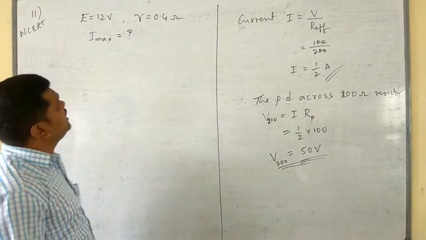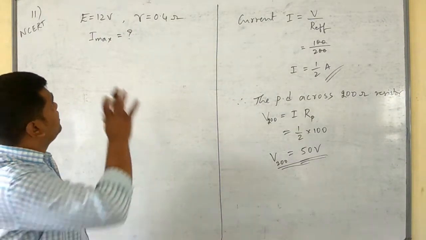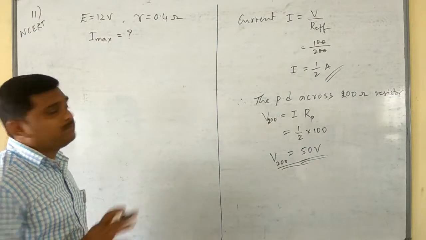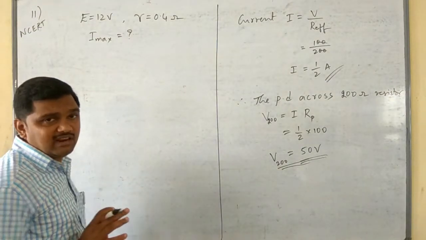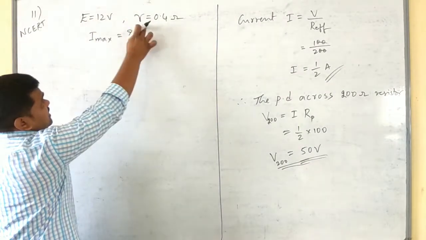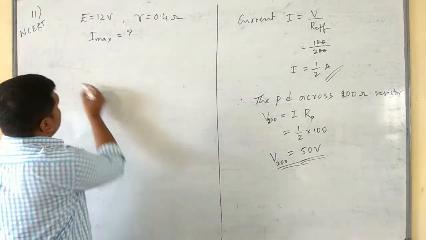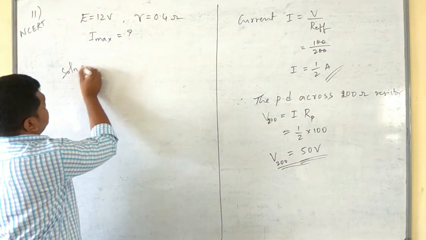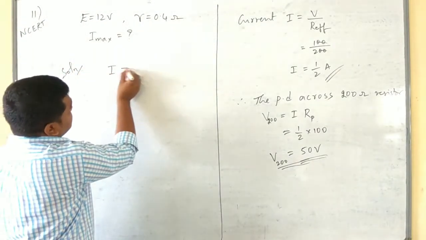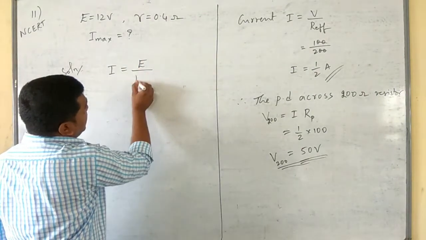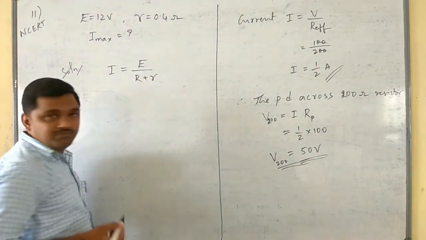So what is the relationship between internal resistance and EMF of the cell? Internal resistance, EMF and current, we know that I is equal to E divided by R plus r.